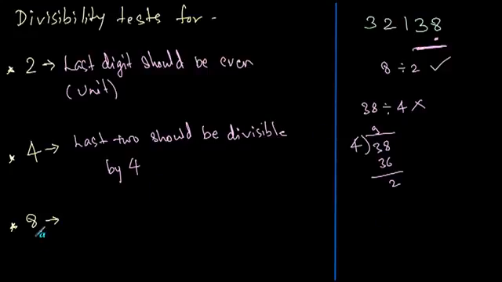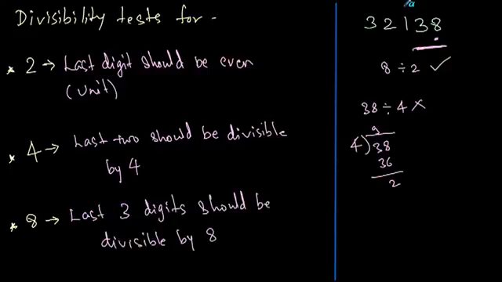So moving on to 8, the condition states that the last 3 digits should be divisible by 8. So the last 3 digits, let's see if 138 is divisible by 8 or not. So 8 ones are 8, remainder is 5, 8 comes down, 56. 8 sevens are 56, again the remainder is 2.